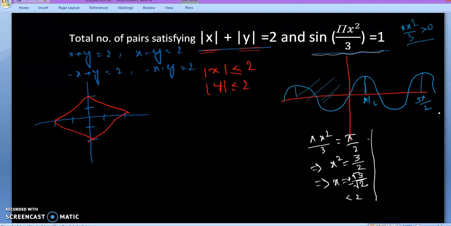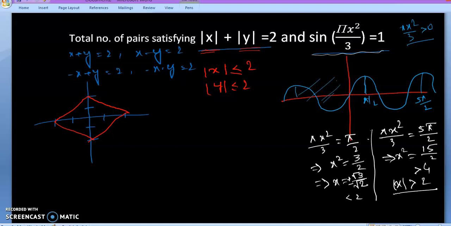Now if you take pi x square by 3 equals 5 pi by 2, then x square equals 15 by 2, and 15 by 2 is greater than 4. So mod x is obviously greater than 2.